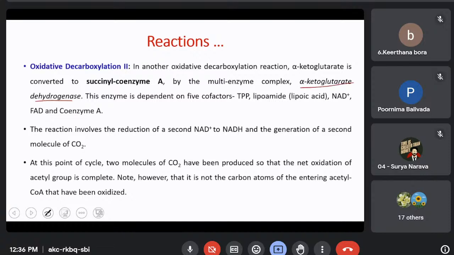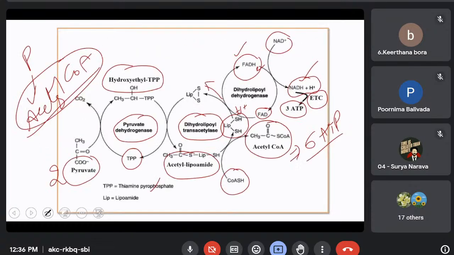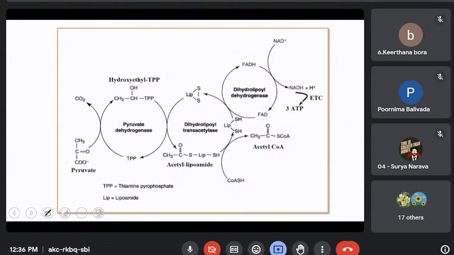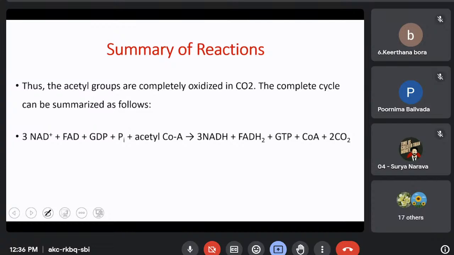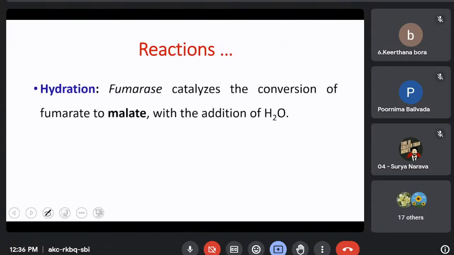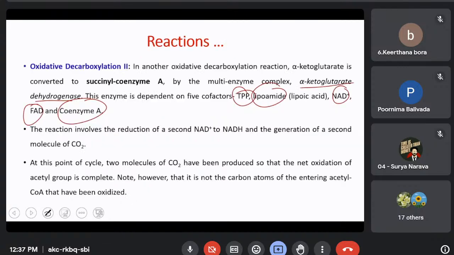So, as in the case of pyruvate dehydrogenase, it also requires thiamine pyrophosphate, lipoamide, NAD, FAD, and coenzyme A. So, whatever reactions we have explained during the conversion of pyruvate to acetyl coenzyme A, those reactions take place again here in the oxidative decarboxylation of alpha ketoglutarate, so that here two NADH plus H plus molecules are produced and two carbon dioxide molecules are said to be removed.